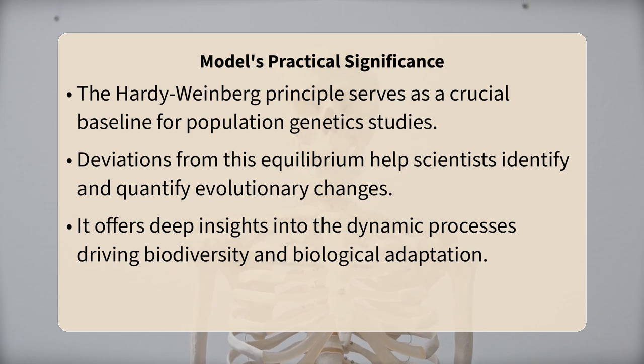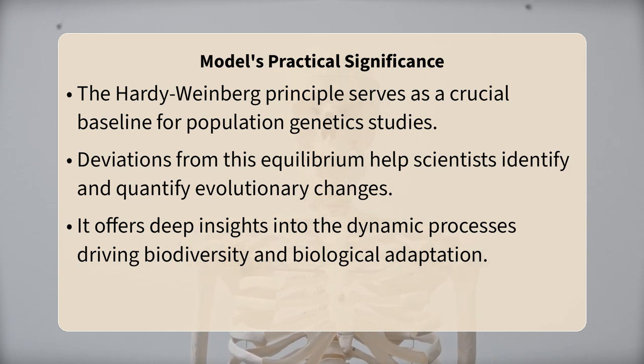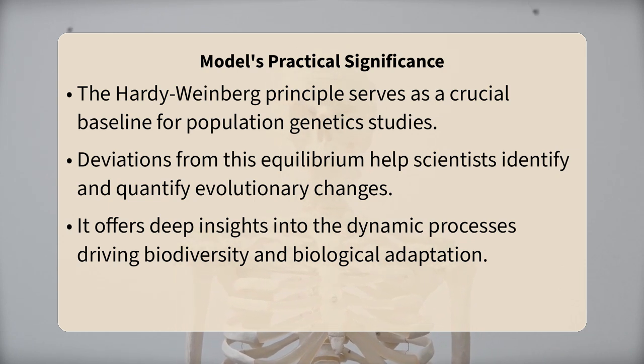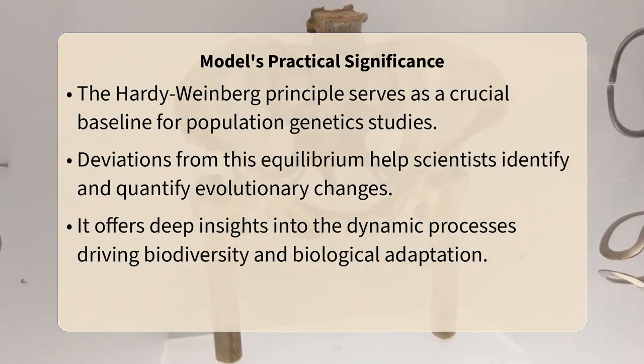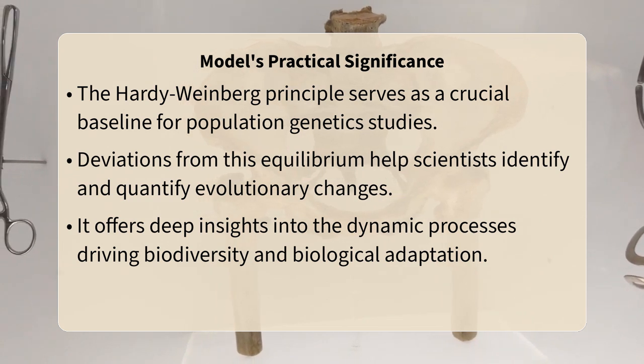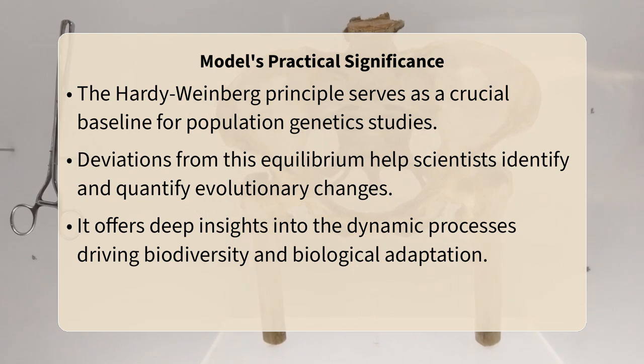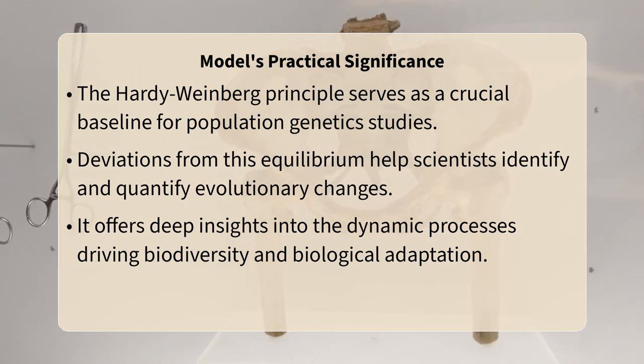This framework allows researchers to quantify evolutionary changes and pinpoint their causes. By examining how real populations depart from this ideal, non-evolving state, we gain profound insights into the dynamic processes that drive biodiversity and adaptation across the globe.